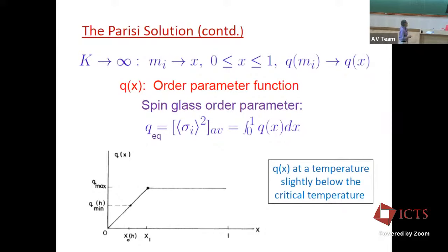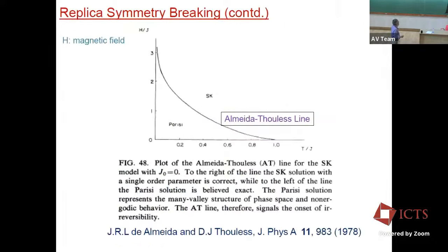That leads to a description where you have this continuous variable that tells you about the different values of these m's, and then you have a function of that continuous variable that tells you about the q's that you associate with the different levels of this blocking. So then you have a q of x order parameter function, and you basically then write the free energy.